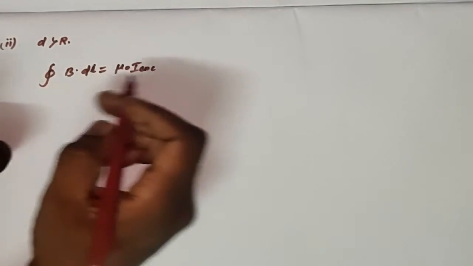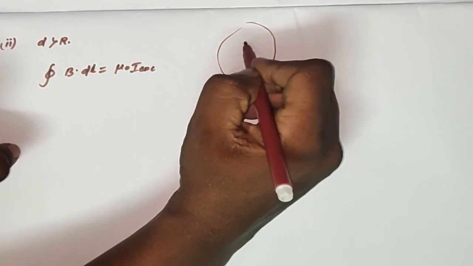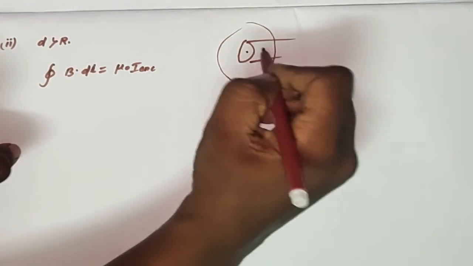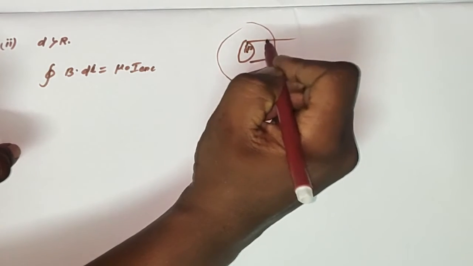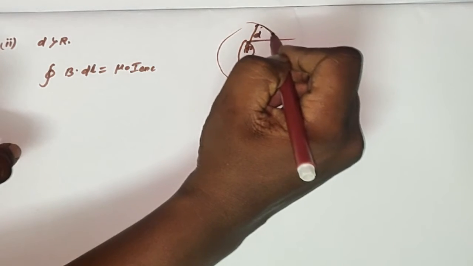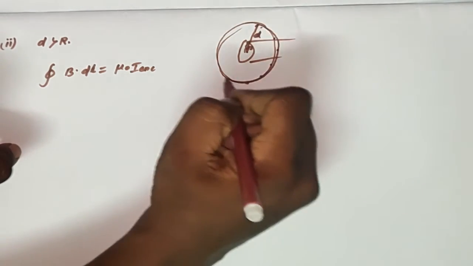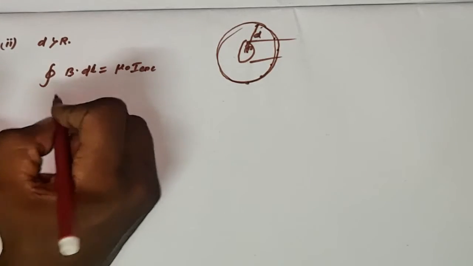Suppose this is a cylinder, we are just going to analyze outside the cylinder along the radial distance D. Along this line of circle, the magnetic field everywhere is constant, so you can take it outside the integral.